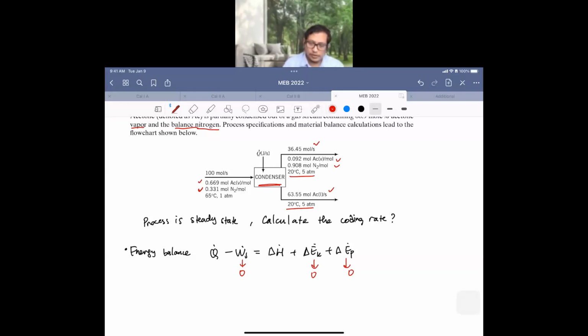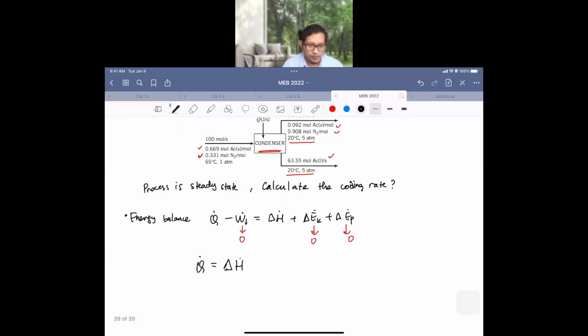So we can reduce the balance to heat flow equal delta H, or equal to the summation of the enthalpies. So we can focus more on the delta for the enthalpy.